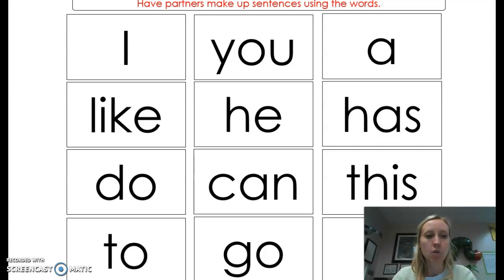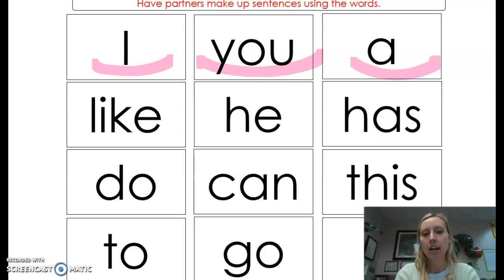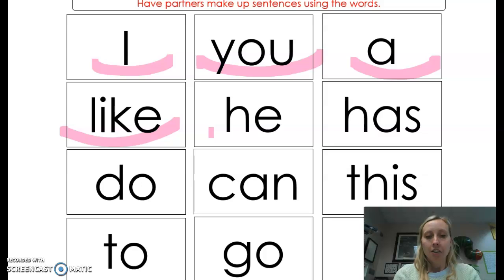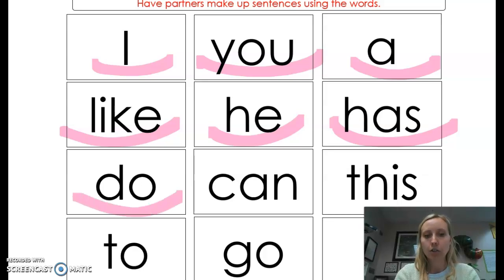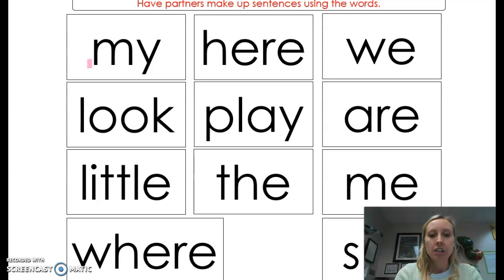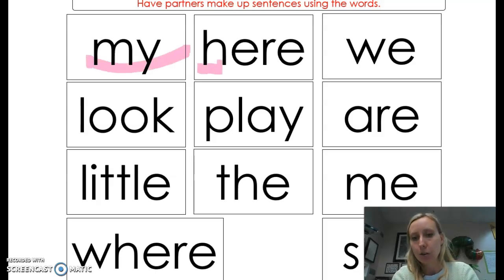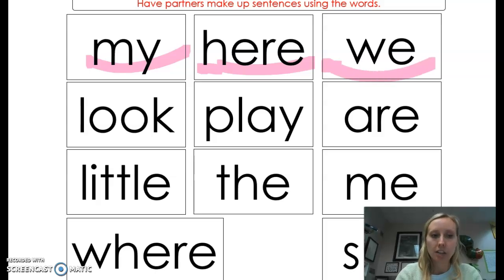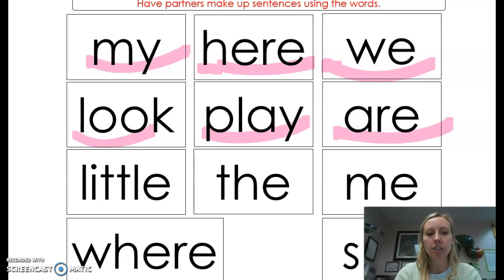These are words we know. 3, 2, 1. I. You. Like. He. Has. Do. Can. This. Go. My. Here. We. Look. Play. Are. Little. The. Me.